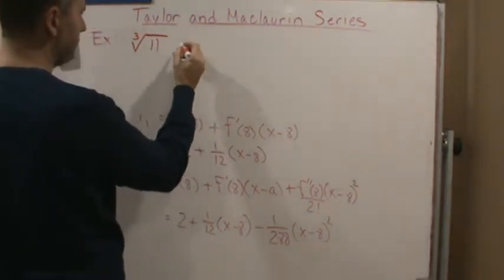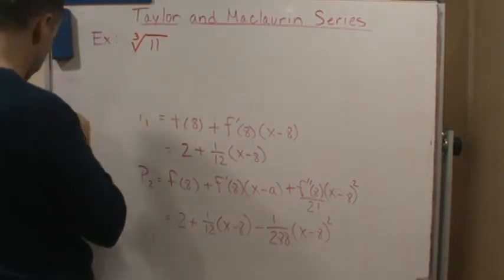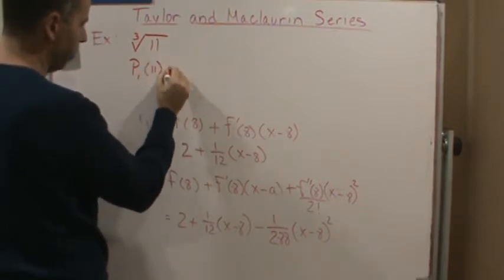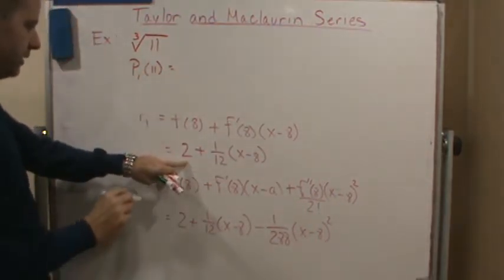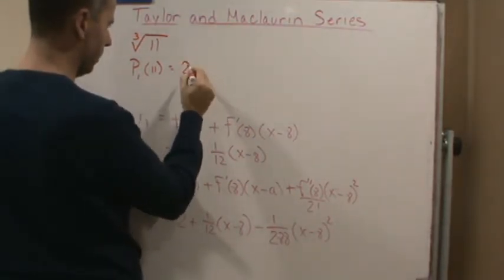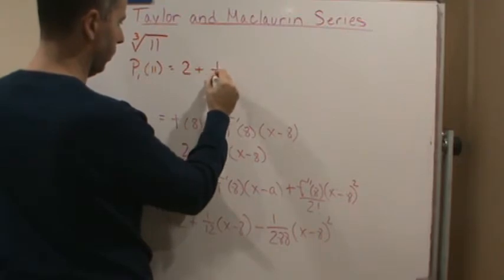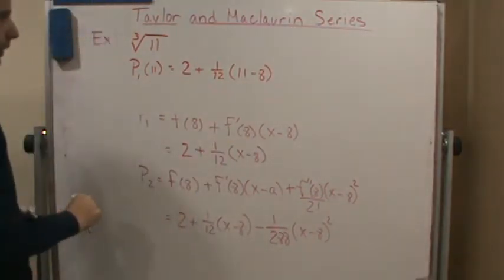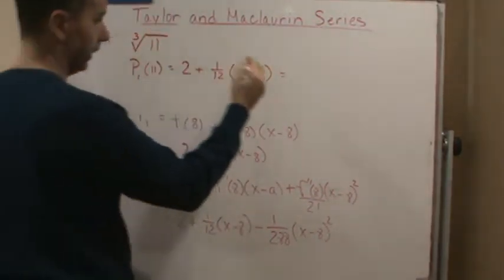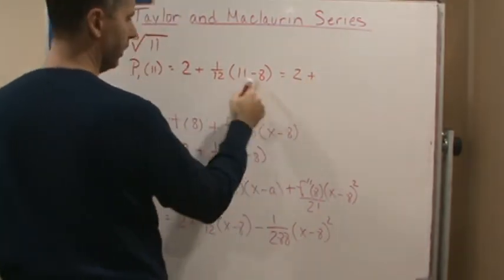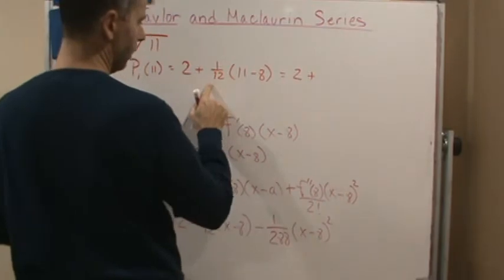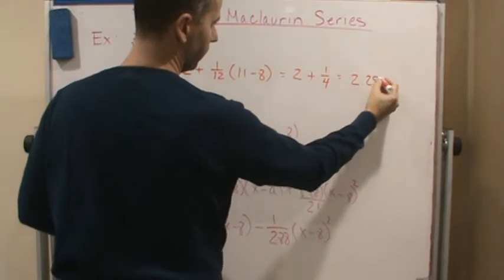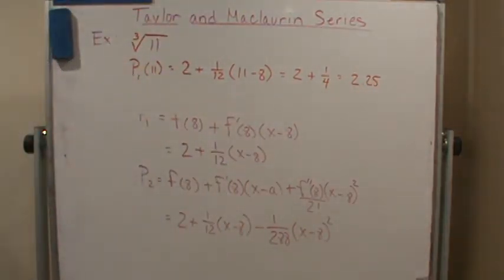Using P1, P1 of 11 is going to give us 2 plus 1/12 times 11 minus 8, which equals 2 plus 3/12, which is 1/4, which gives us approximately 2.25.